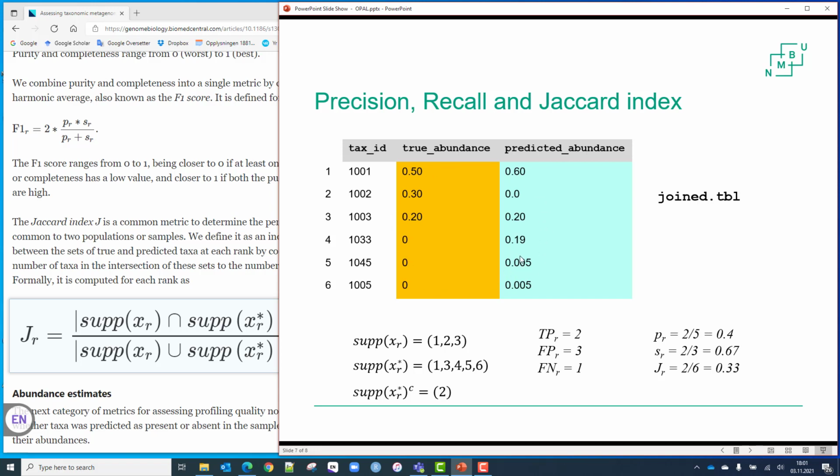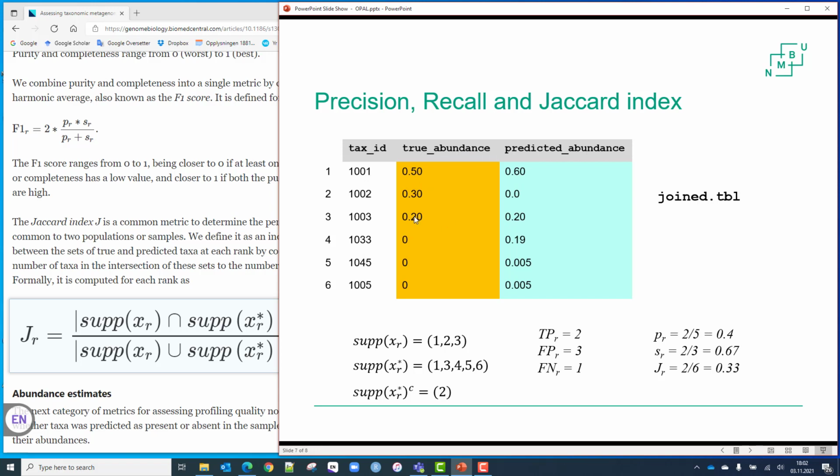And actually, I would say it's easier to look at it over here, because the Jaccard index is simply the size of the intersection between these two columns, the present stuff, right? That's this one, divided by the size of the union. So the size of the union is actually the number of rows you have, right? The union, that's the total number of taxa in the whole data set here.